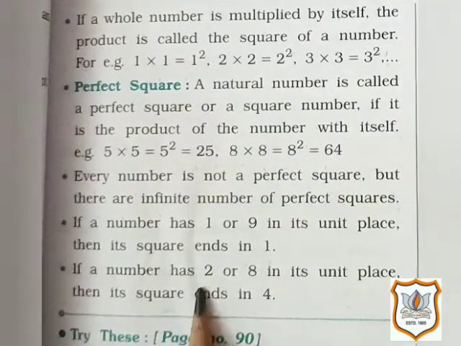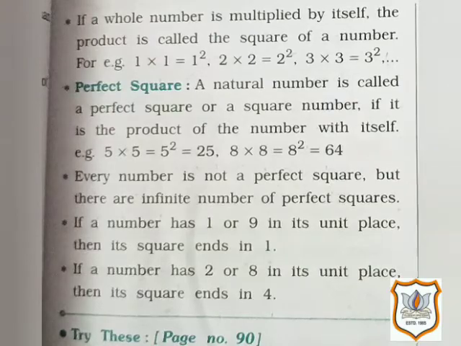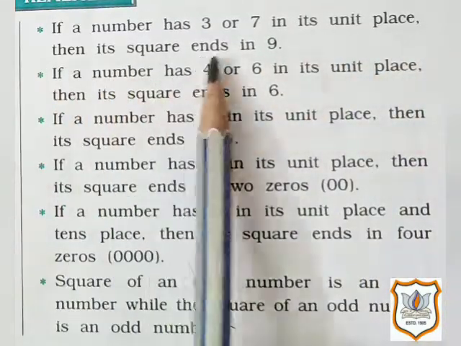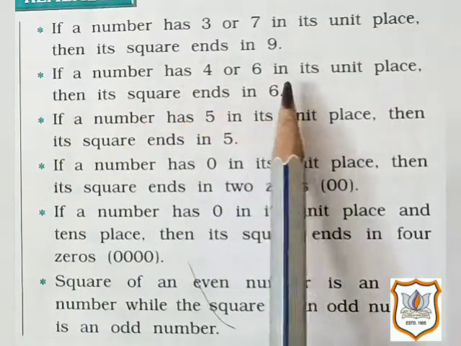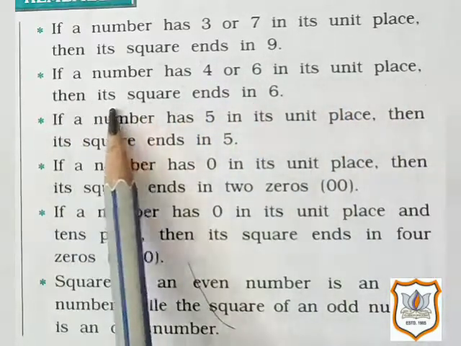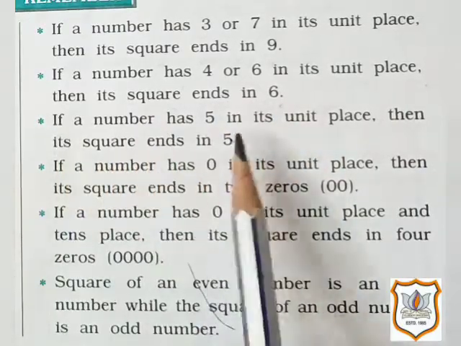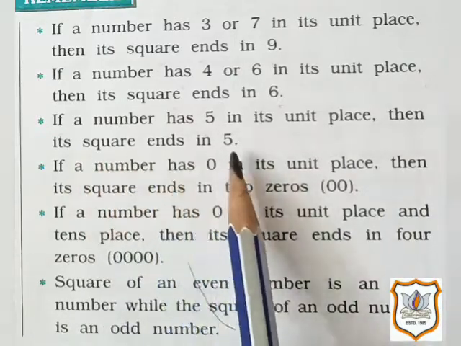If a number has 2 or 8 in its unit place, then its square ends in 4. If a number has 3 or 7 in its unit place, then its square ends in 9. If a number has 4 or 6 in its unit place, then its square ends in 6. If a number has 5 in its unit place, then its square ends in 5.